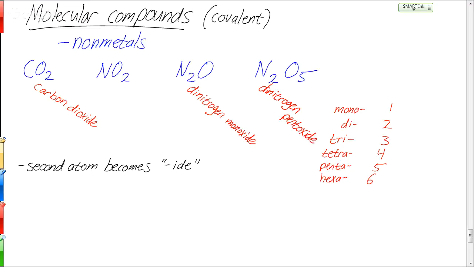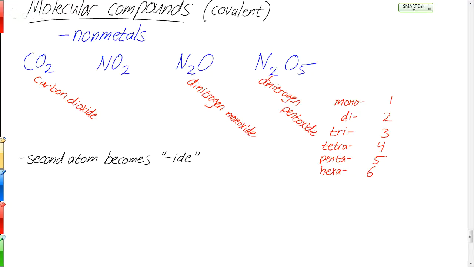Usually as you notice here, when the second atom starts with a vowel like oxide, we drop the A off the prefix so that it's not dinitrogen pentaoxide, it's dinitrogen pentoxide, or monoxide, not monooxide. If you left that in there, it's not a big deal. I wouldn't mark it wrong, but we usually drop that one.